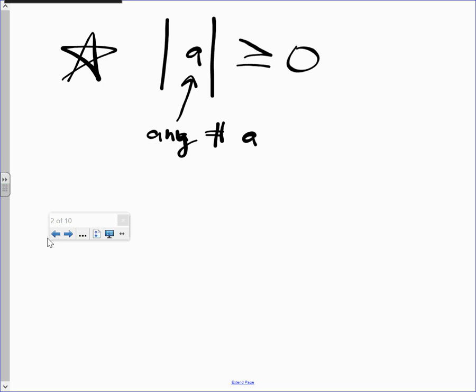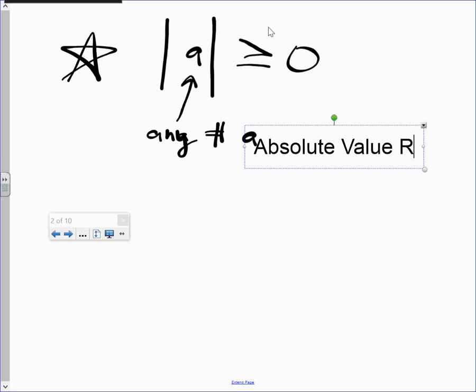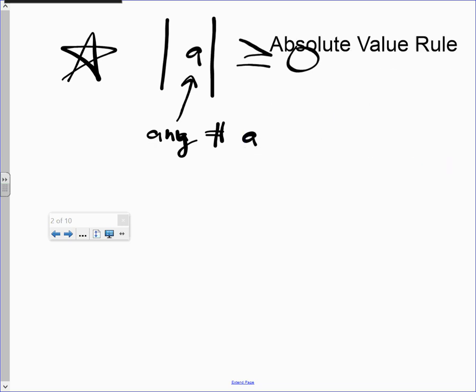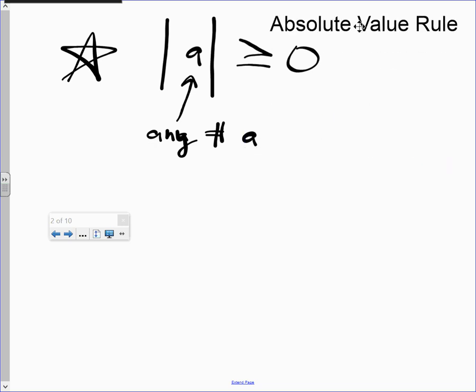Let's title it Absolute Value Rule. Anytime you have an absolute value, it has to be greater than or equal to 0, or there's no solution.